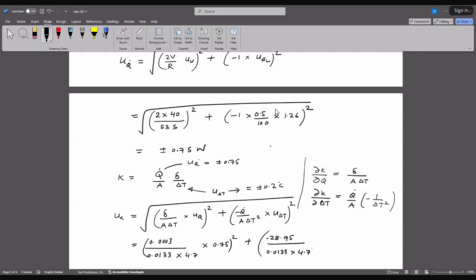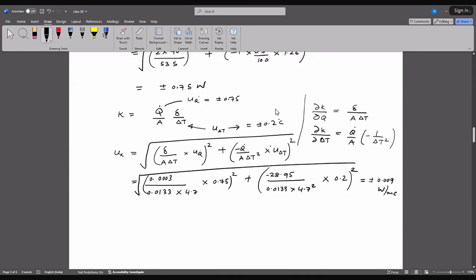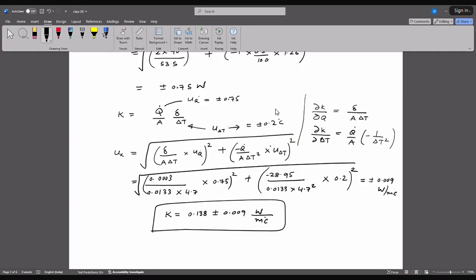Delta T squared is 4.7 squared, with temperature uncertainty 0.2. If I calculate this correctly, I get plus minus 0.009. So my thermal conductivity K is 0.138 plus minus 0.009 watt per meter degree.